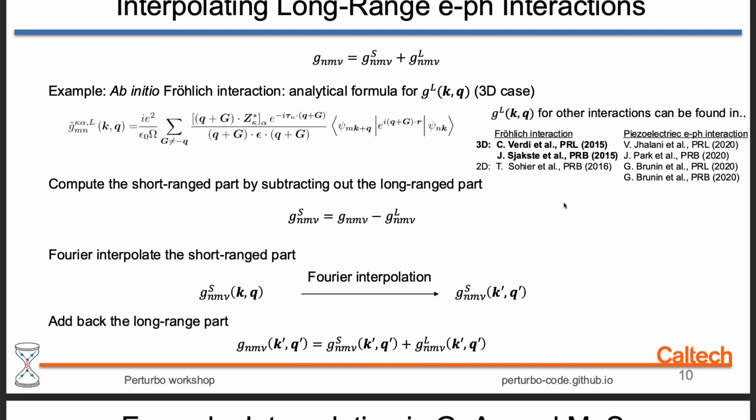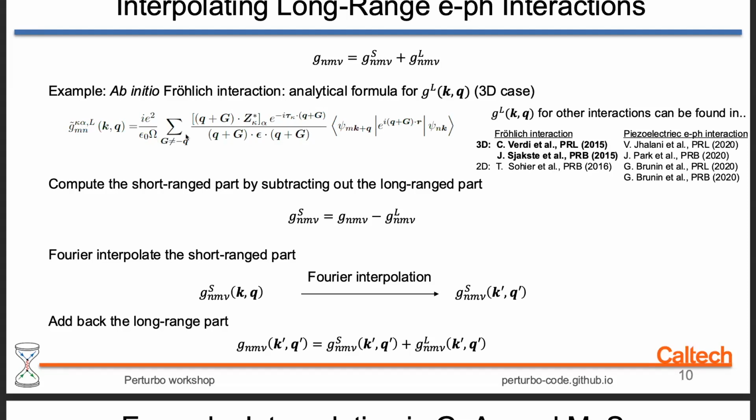And so the strategy for both of the long range parts, but in this case for the Froelich part, is to separate out the short and long range parts of the coupling. The short range part can be treated by Wannier Fourier interpolation. The long range part, because it's long ranged in real space, is going to be difficult to treat in real space, but it can be efficiently treated in Q space.